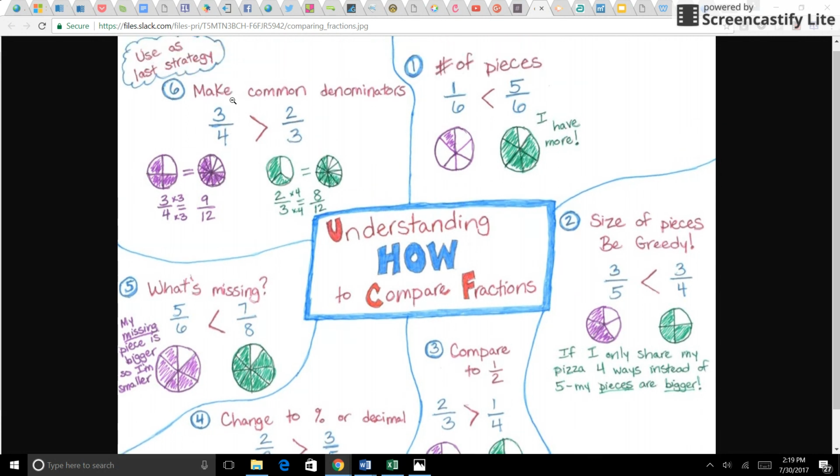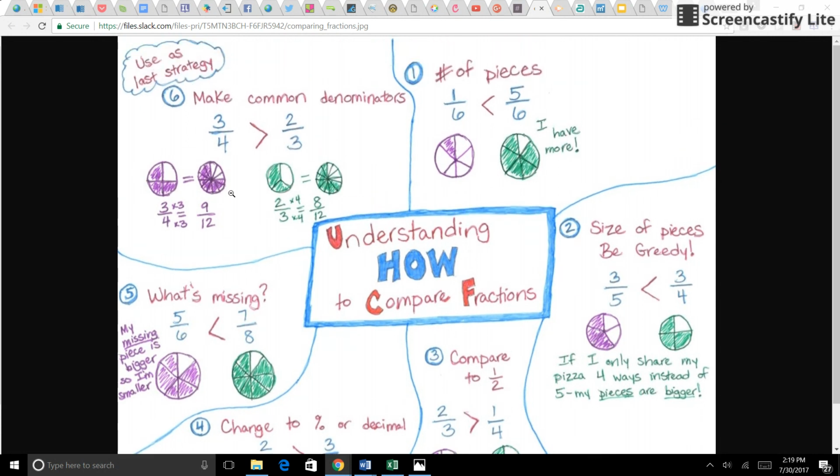The last way that we talk about is making common denominators. This is the old-fashioned traditional way of figuring out which denominator you can turn these into. 4 and 3 can both be turned into 12ths. So I can make equivalent fractions of 3/4 equal to 9/12, 2/3 equal to 8/12.